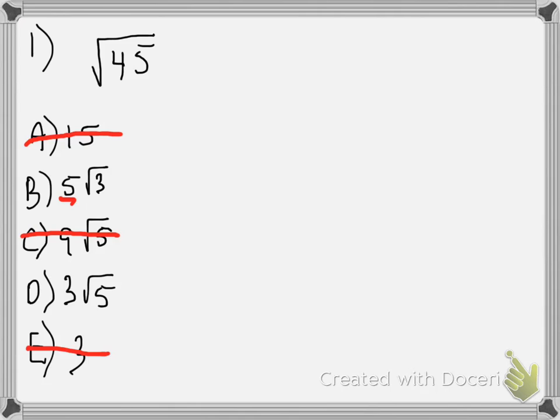But let's think about this. How could I rewrite 45? Well, its factors are 3 and 15, but neither one of those is a perfect square, but 9 times 5 is. Alright? And the square root of 9 is 3.